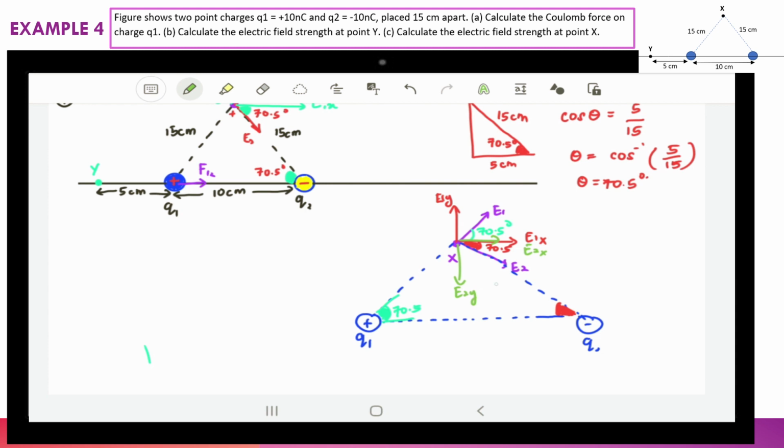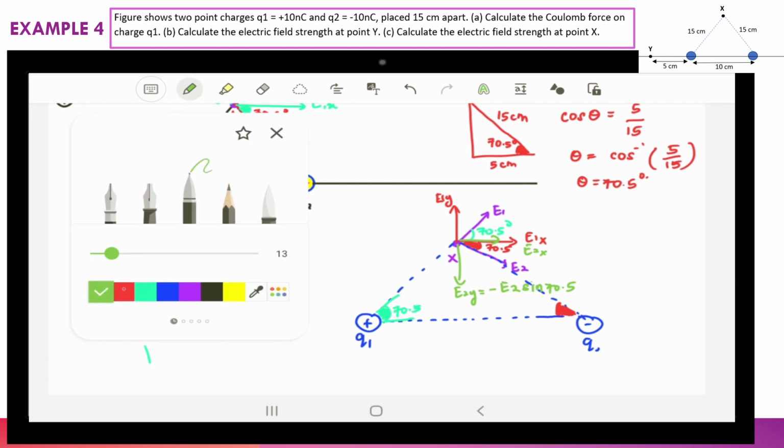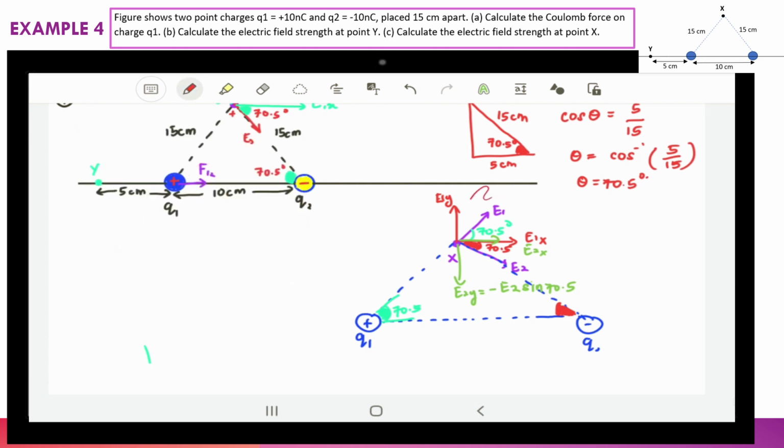So if you see here, E2y is equal to E2 sine 70.5, but it's downward, so it's a negative value. How about E1y, where E1y is upward?